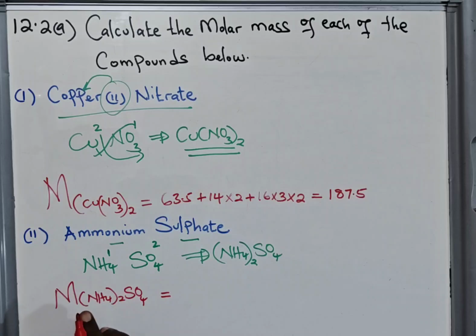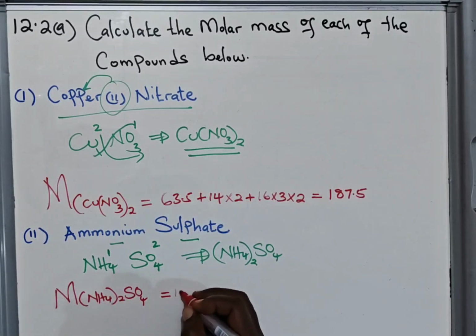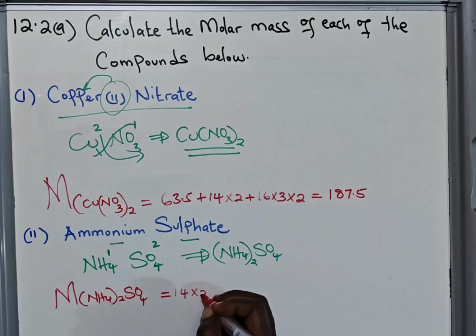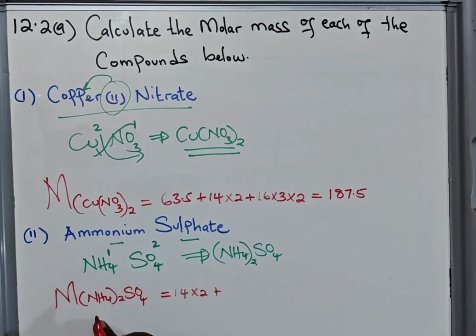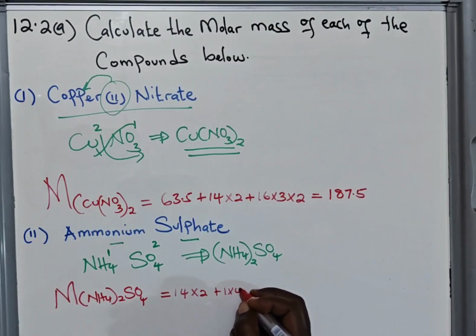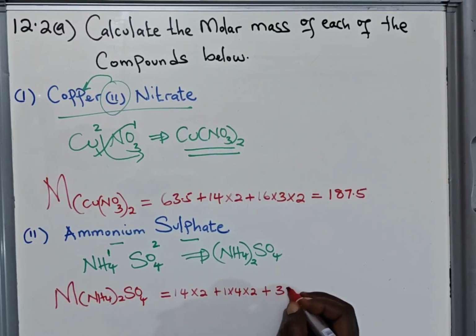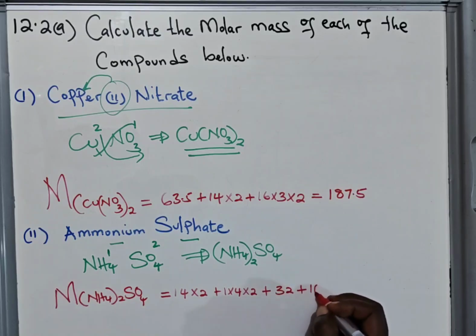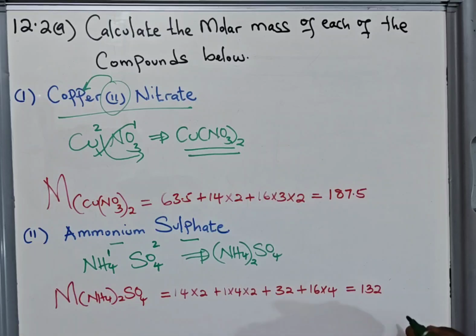Nitrogen is 14, and 14 times 2, plus hydrogen, which is 1 times 4 times 2, plus sulfur, which is 32, plus oxygen, which is 16 but times 4. The molar mass for ammonium sulfate is 132 grams per mole.